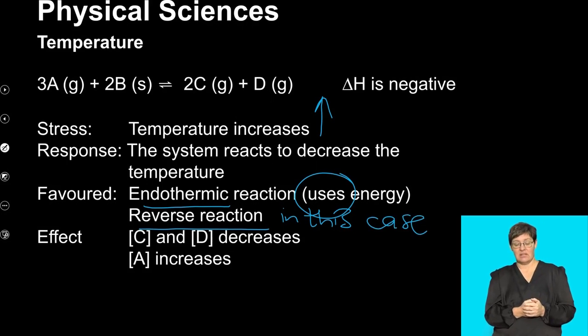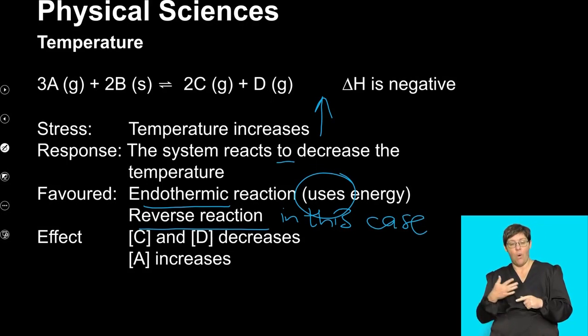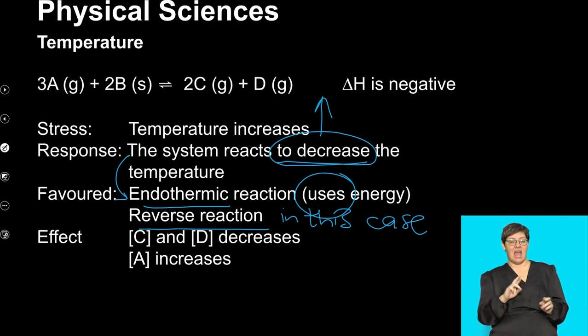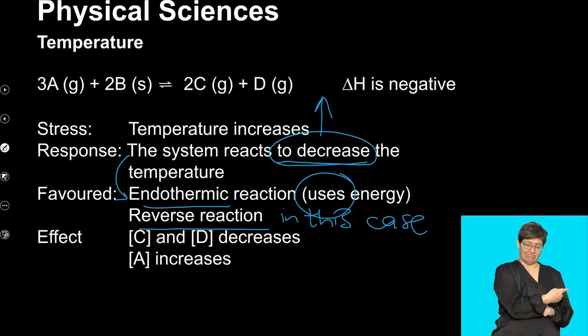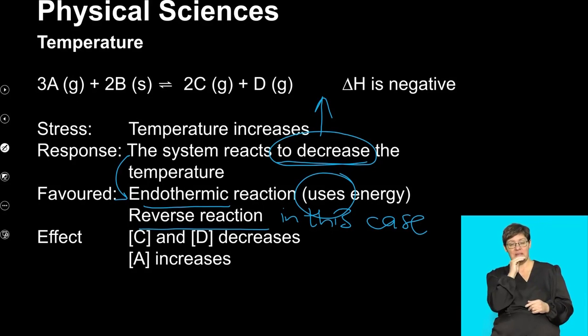So the system will react to try to decrease the temperature by favoring the endothermic reaction, in this case, as I said, the reverse reaction. And what will the effect be on C and D?